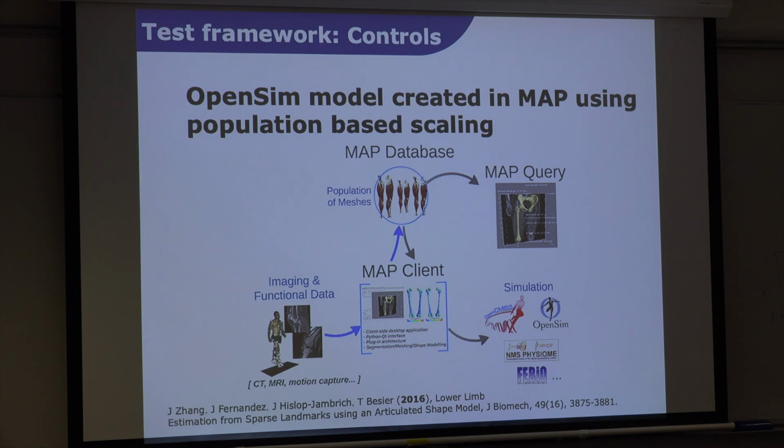The way this worked is that the MAP Client took a population of meshes from the VFM dataset, and it scales an OpenSim model based on subject-specific parameters, so height, weight, age and sex, but it also constrains it to physical anatomical conditions. So you won't get any scaled models that look anatomically incorrect.